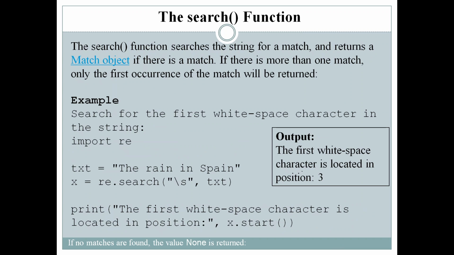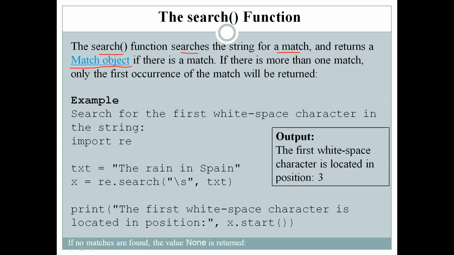The next method is the search method. The search function searches the string for a match and returns a match object. So the search function returns a match object, unlike the findall function which returns a list of all the matches.